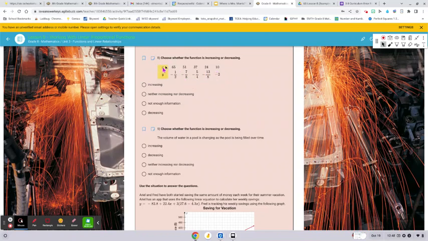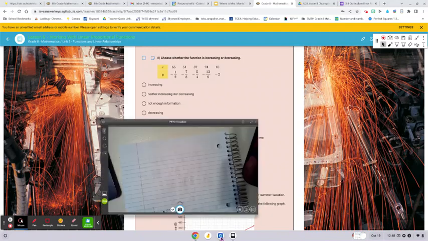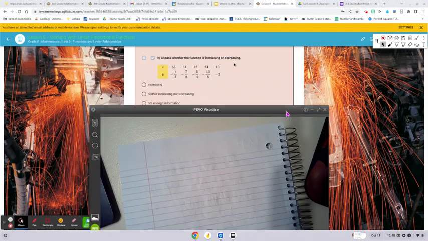So let's look at X. What's X doing? X is going from 65 all the way to 10. So it's going down. So it's not what you would expect. As X decreases, Y decreases. So which one is that the same as? Let's get a visual of this really quick. There we go.